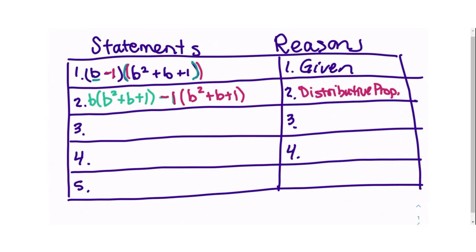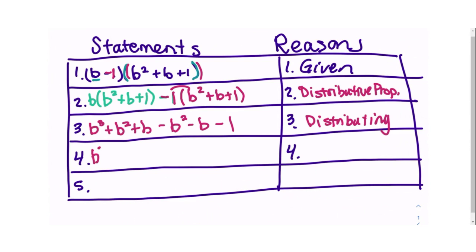And then we'd have to actually multiply that out. That's what distributing it is. So we'd have b cubed plus b squared plus b, subtract b, because we'd multiply that, subtract b squared, subtract b, subtract 1, and that was just distributing. And then the next one is we could switch things around so that we would have the b squareds together. So we'd have b cubed plus b squared, subtract b squared, and then the regular b's together, so plus b, subtract b, subtract 1.